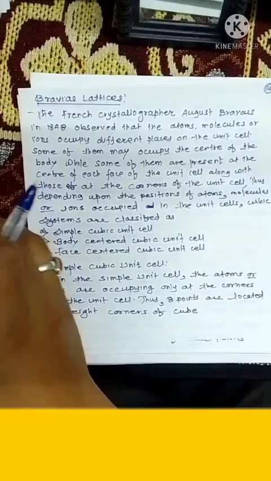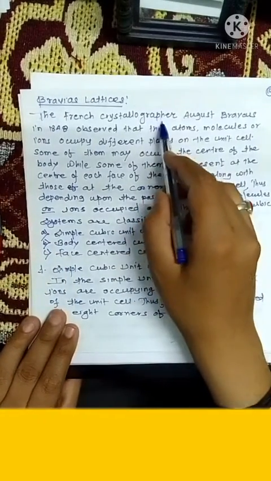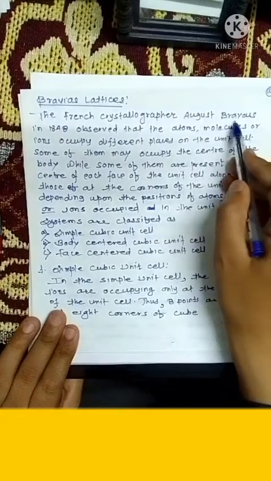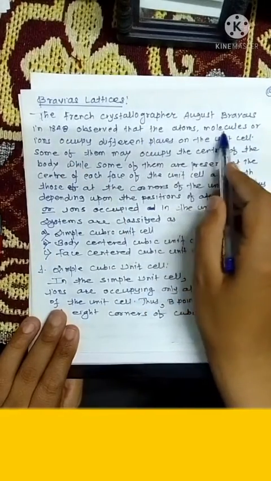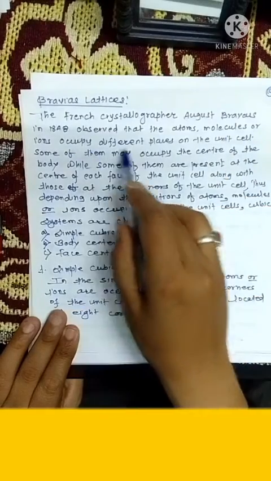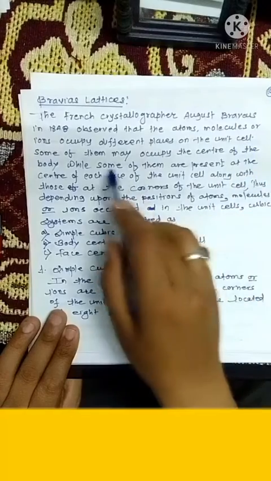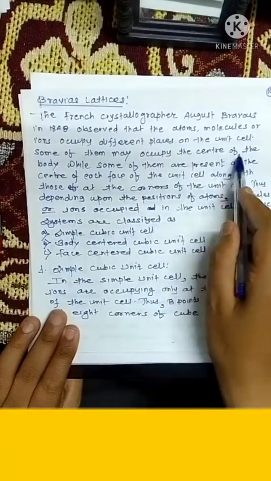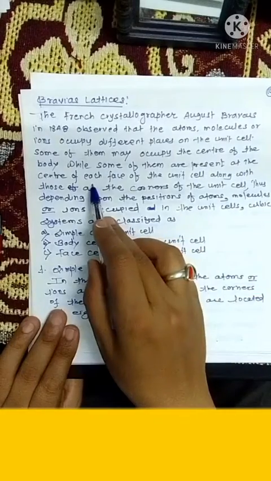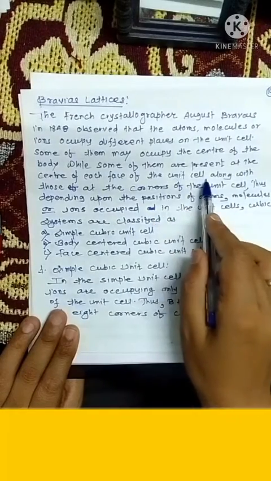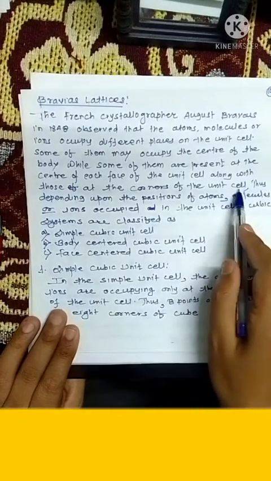Now we are going to see Bravais lattices. The French crystallographer Auguste Bravais in 1848 observed that the atoms, molecules or ions occupied different places on the unit cell. Some of them may occupy the center of the body, while some are present at the center of each face of the unit cell, along with those at the corner.